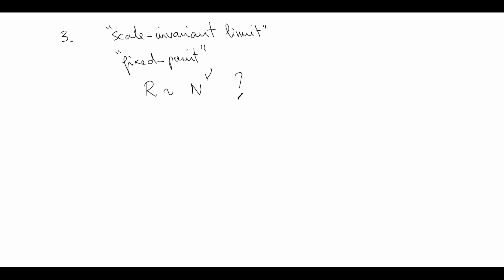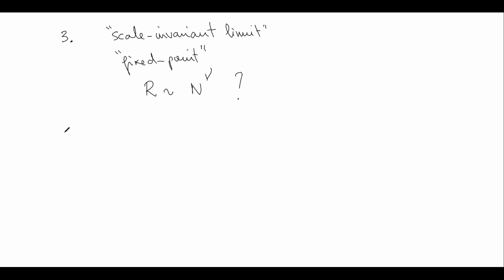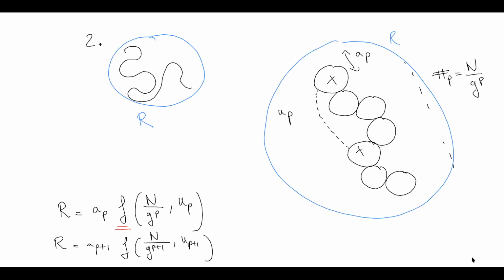So let's retake the previous expressions that are here, and now we will take the ratio of the two. The ratio says that 1 is equal to A_{P+1} over A_P, which is mu, or 1 over mu.